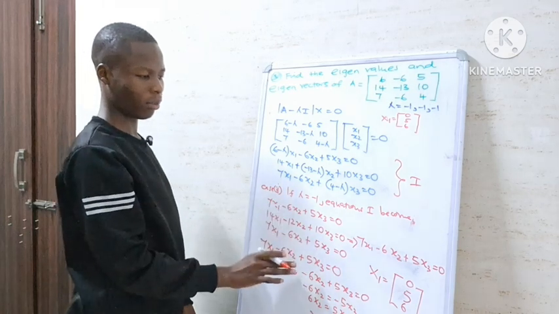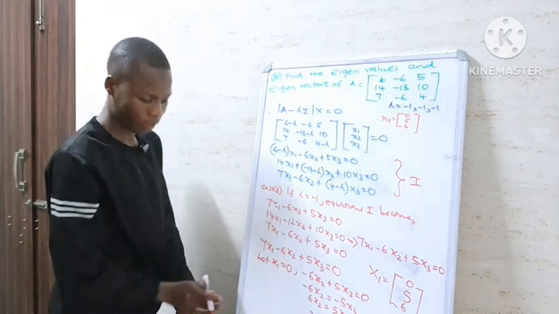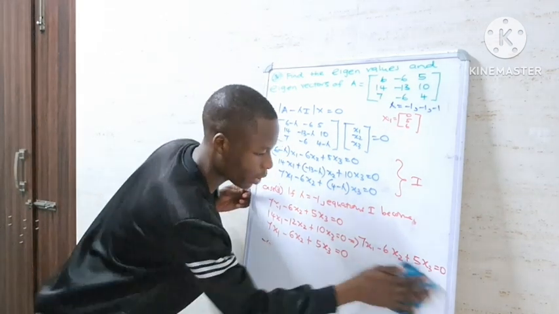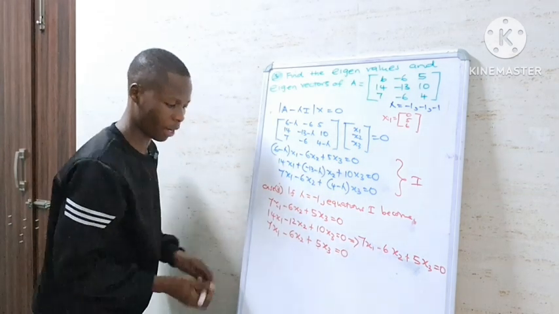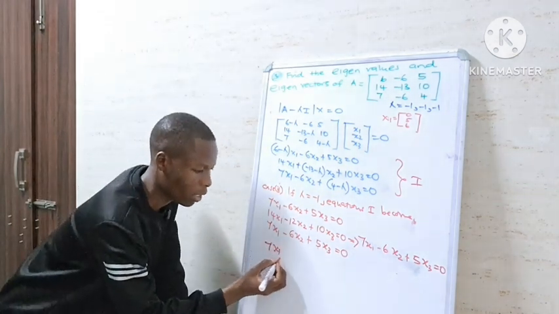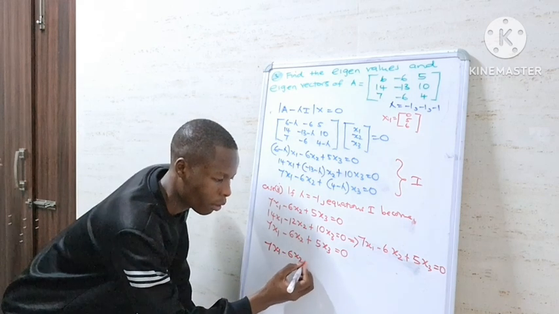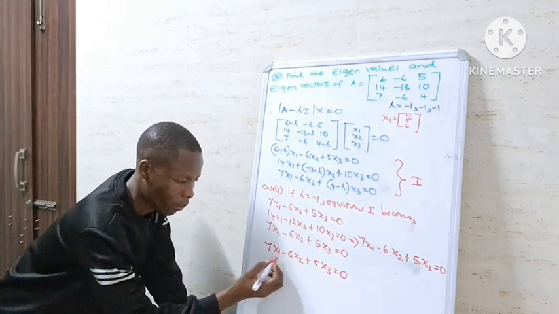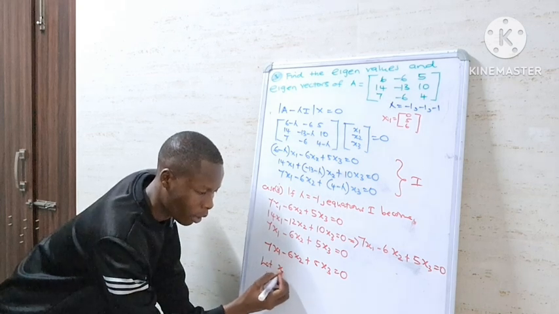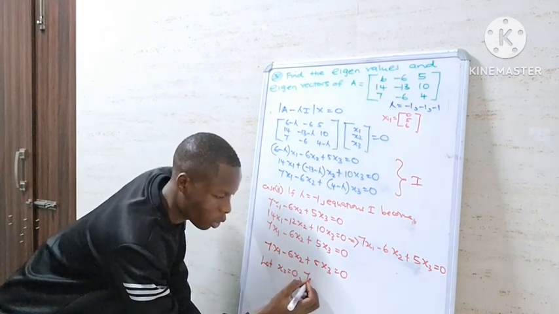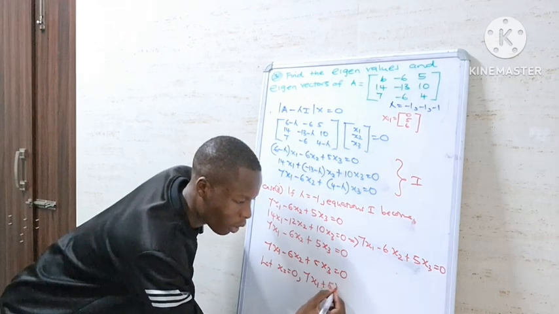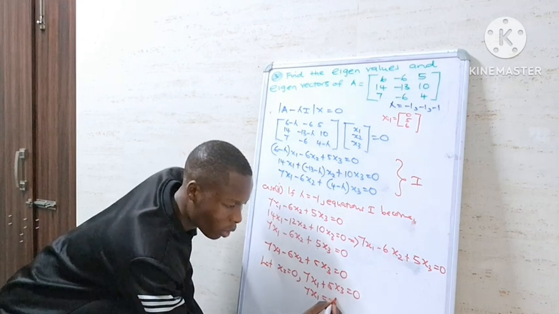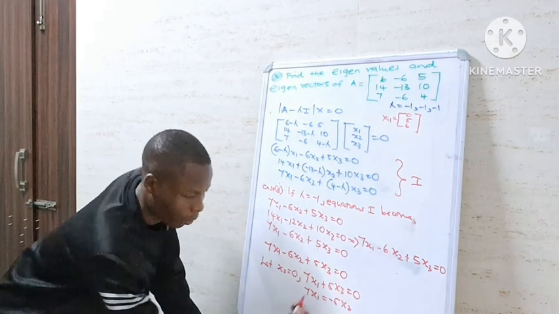Case number 2: if lambda is equal to negative 1, equation I becomes this one. In case number 1, I assigned 0 to the variable x1. Now I'm going to assign variable x2 to 0. Let x2 be equal to 0. The equation becomes 7x1 plus 5x3 is equal to 0, so 7x1 is equal to negative 5x3.